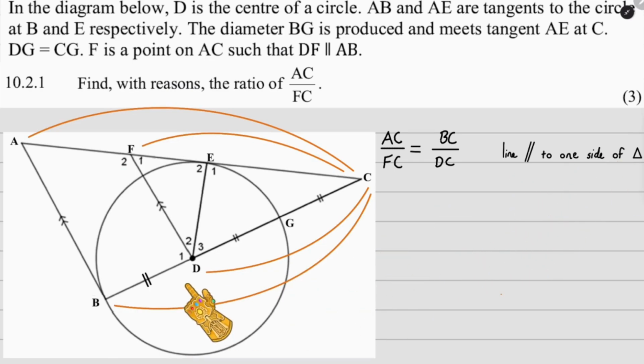And how I communicate that in my work is I say BD equals DG, for the reason of radii. And with that, I can conclude I've got a 1:1:1 ratio over there. And we can see that DC forms 2 parts of those 3 parts. So I can put a 2 here.